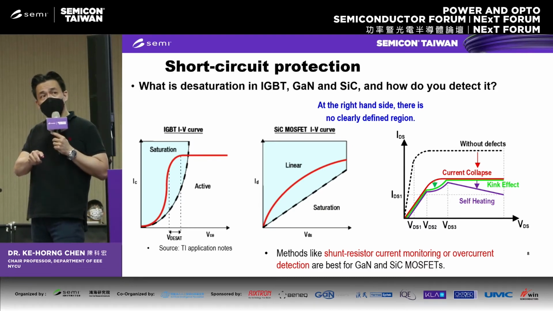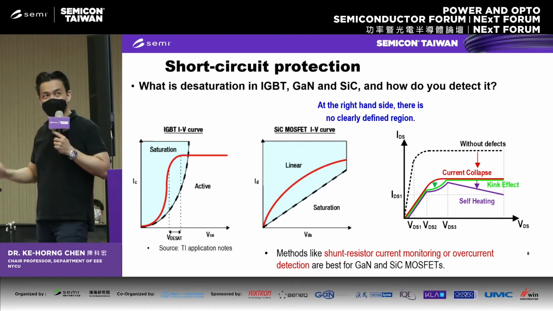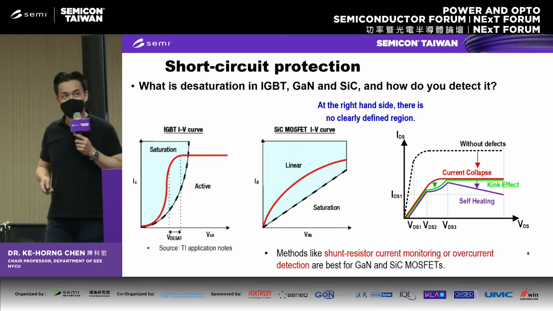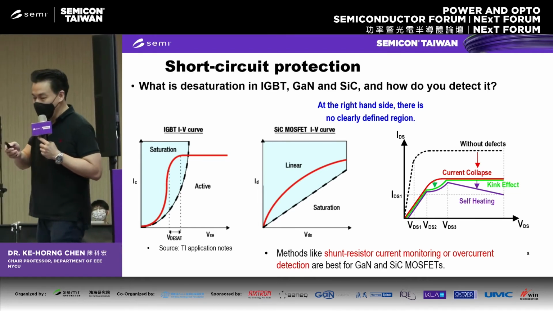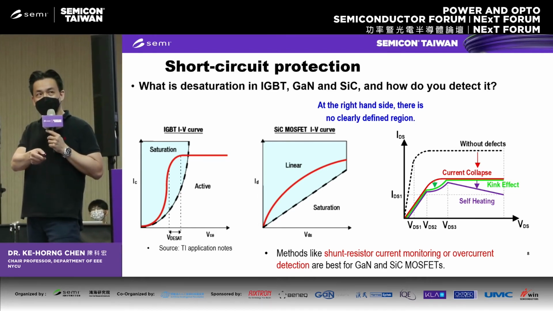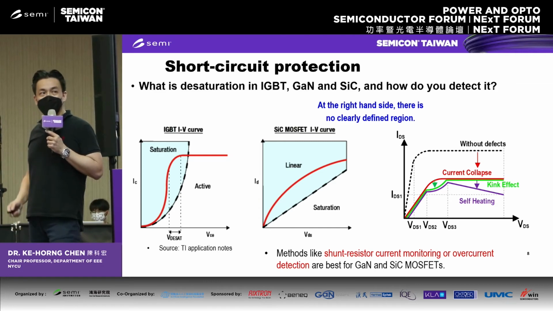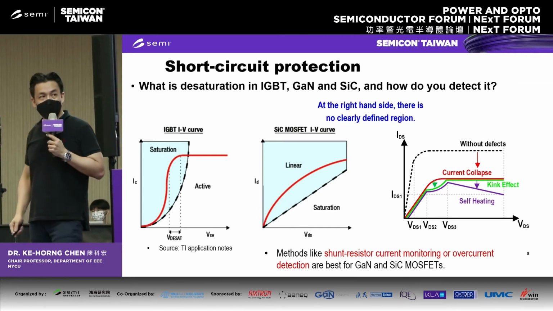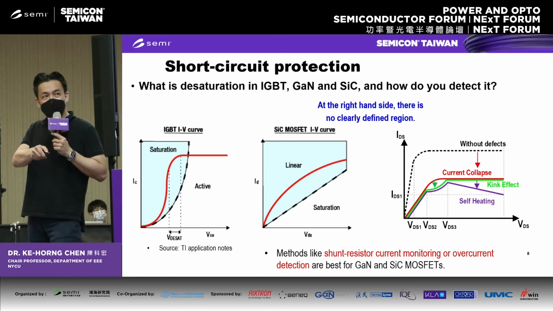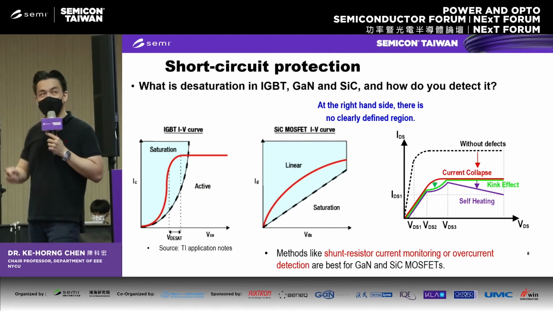Furthermore, the device has a third defect, that is self-heating. If self-heating occurs, it will limit the current driving capability. For most of the products, we can use a shunt resistor, current monitoring, or overcurrent detection for GaN or SiC MOSFET.